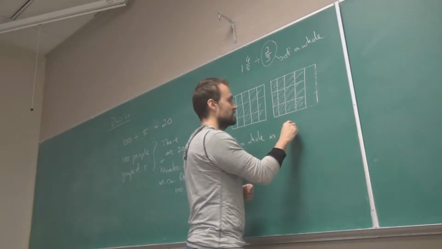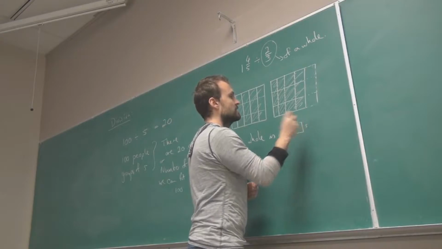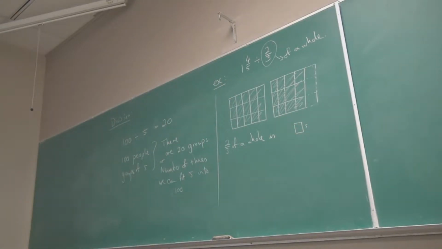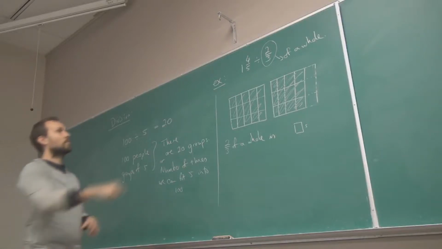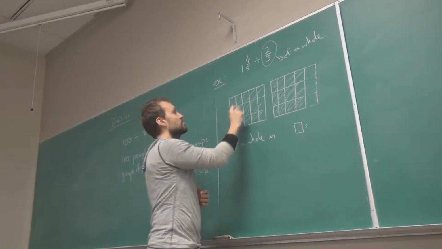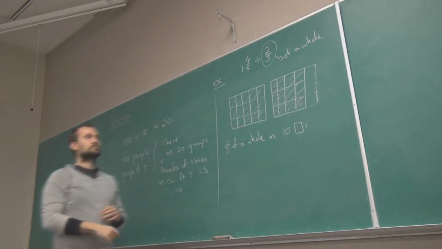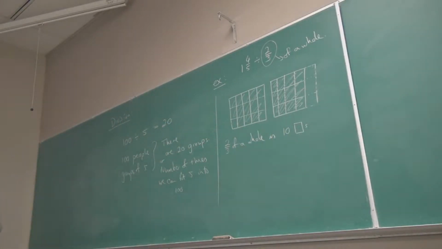They're not really squares, but how many squares is 2/3? 10. Because I have a whole rectangle here that I can look at. 1, 2, 3, 4, 5, 6, 7, 8. 10 of those little squares make up 2/3.